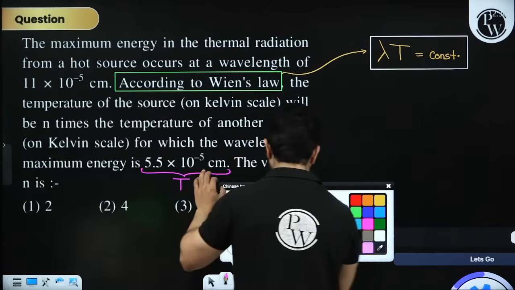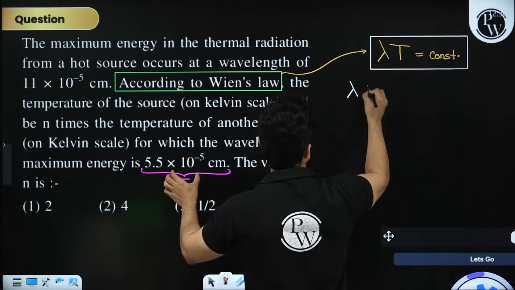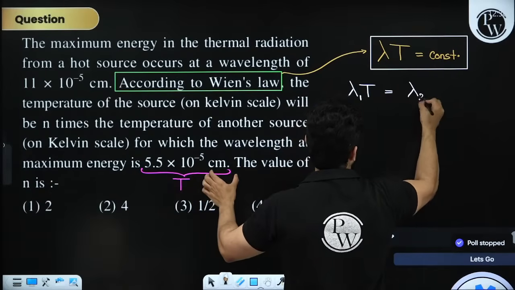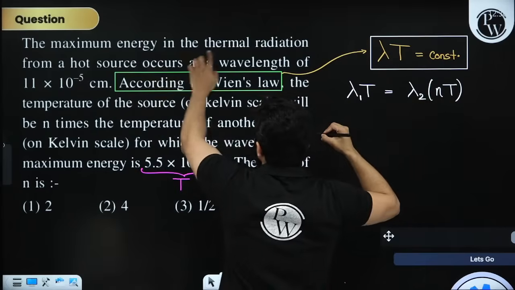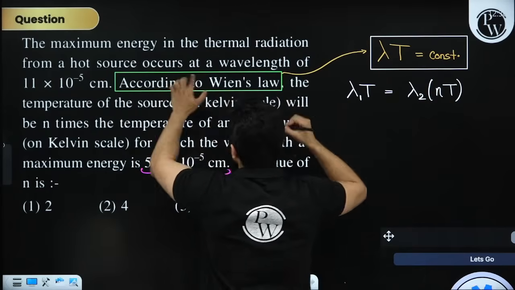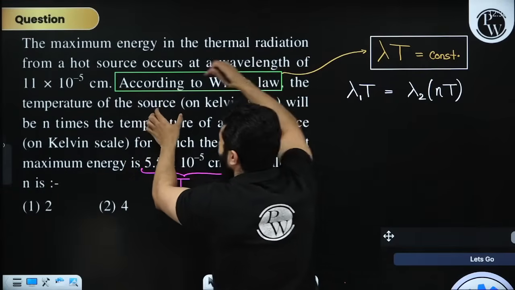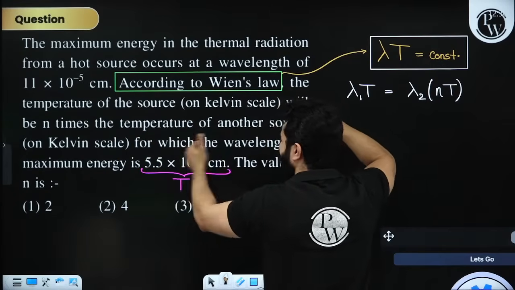So the next thing we are going to do is simply write lambda multiplied by T equals lambda 2 multiplied by n times T. That's what they are saying. The temperature of this source on the Kelvin scale will be n times the temperature of another source.